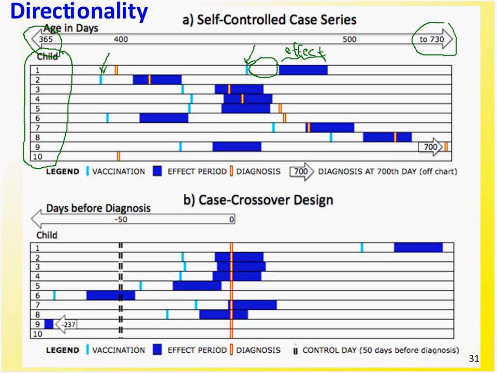And the yellow is the diagnosis. Now you can see, number one, had their diagnosis before they were immunized. So that's a situation where the outcome occurred before the exposure.